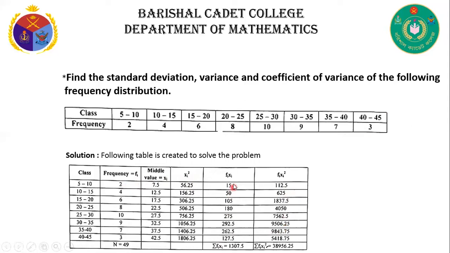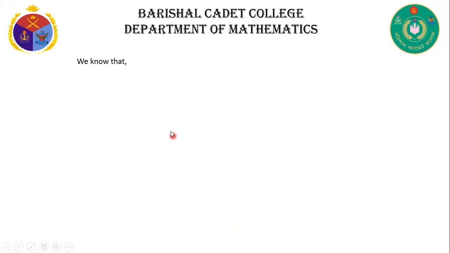Now the summation of fi xi, that means the sum of the given data, is equal to 1307.5, and the sum of fi xi squared is equal to 38956.25. Now we know that the standard deviation sigma is equal to root of summation fi xi squared divided by N minus summation fi xi divided by N, whole square.